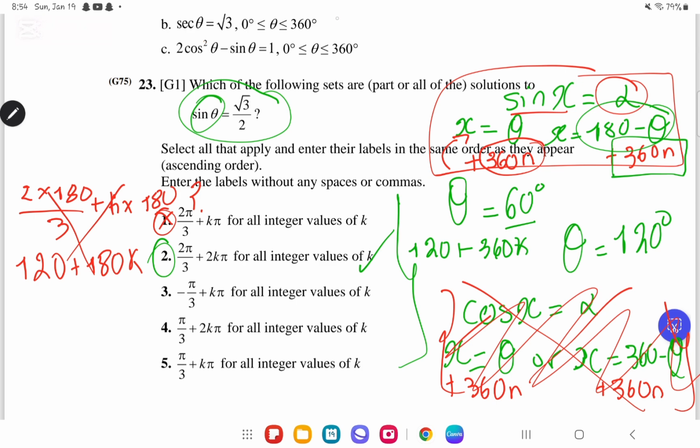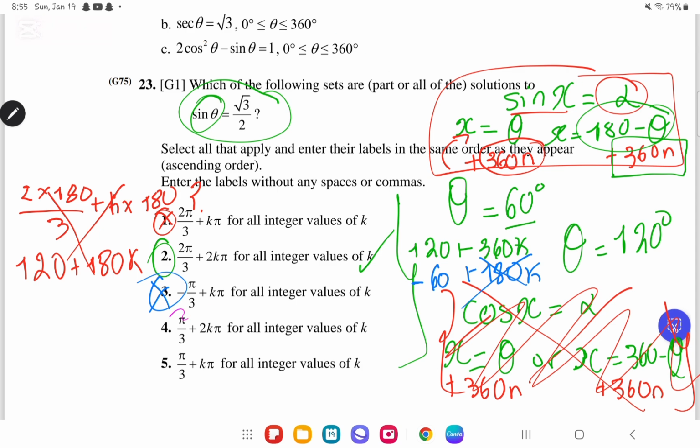So definitely 2 is gonna work. For 3, we have minus 60 plus 180 times k, definitely not 180, because we are going to be adding a rotation. So number 3, we do not choose it.